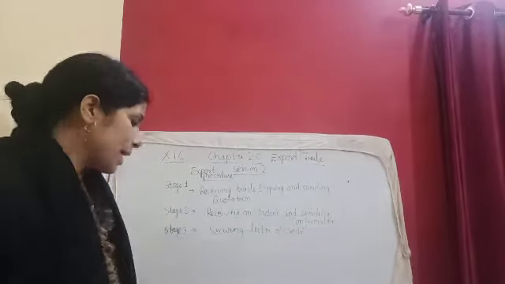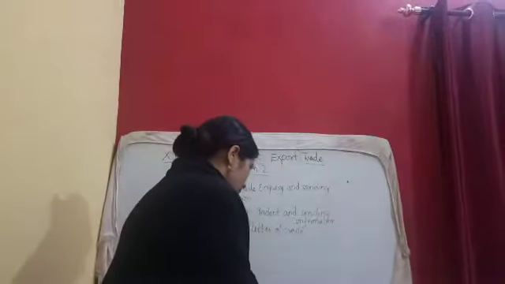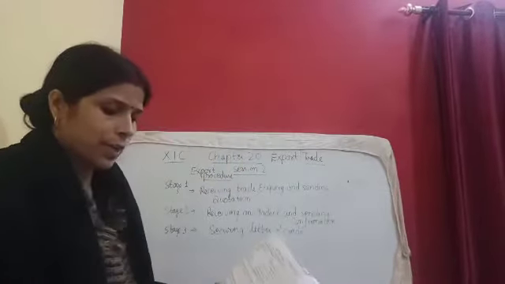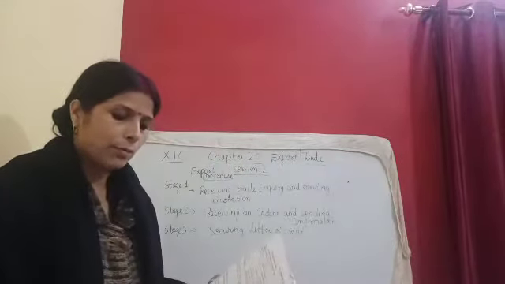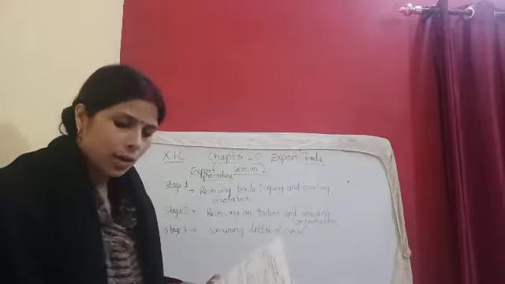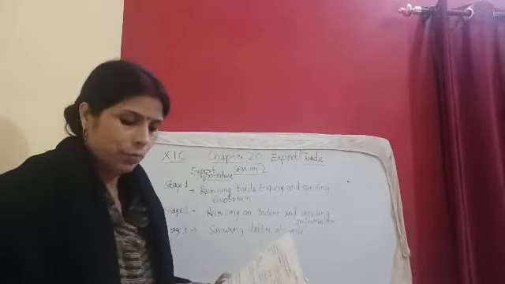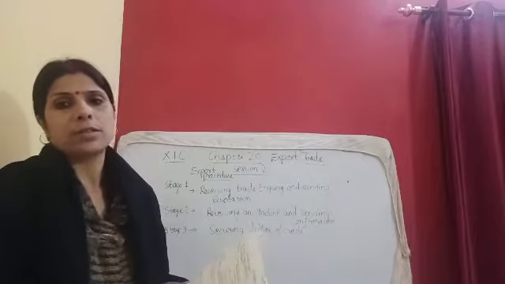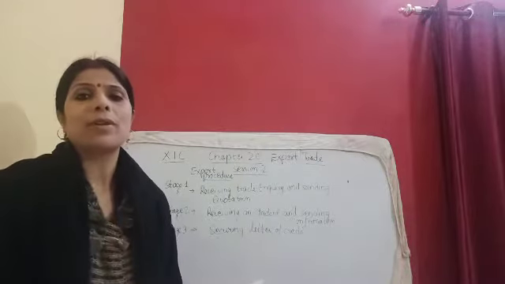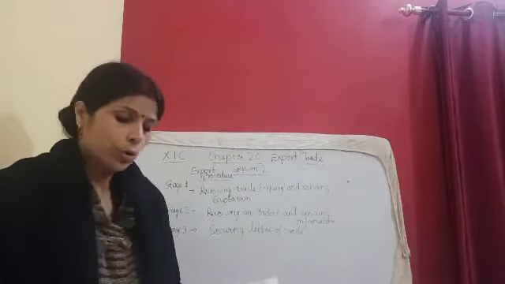We have different types of letter of credit, that is given over here: clean letter of credit, documentary letter of credit, revocable letter of credit, irrevocable letter of credit, then revolving letter of credit. These are the different types of letter of credit that we have to do.